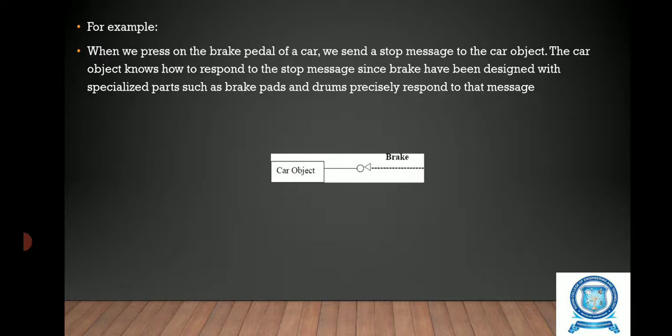The car object knows how to respond to the stop message since the brake has been designed with specialized parts such as brake pads and drums precisely responding to that message. So that is called an object. We know that when we press the pedal in the car, the car stops. It is designed in such a manner that when the brake pedal is pressed, the car should stop.